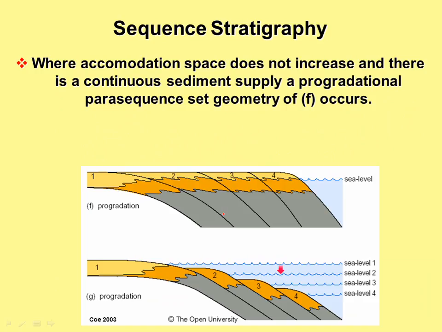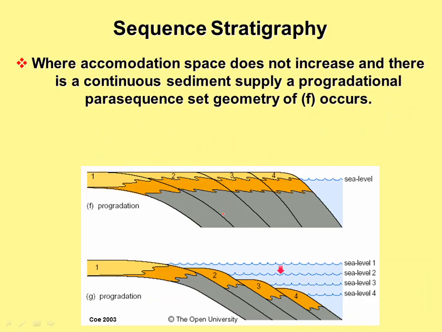Here we've got a situation where we have significant progradation where there is no change in sea level. This is what sometimes I think is referred to as a depositional regression, because the supply of sediment pushes the shoreline seaward.